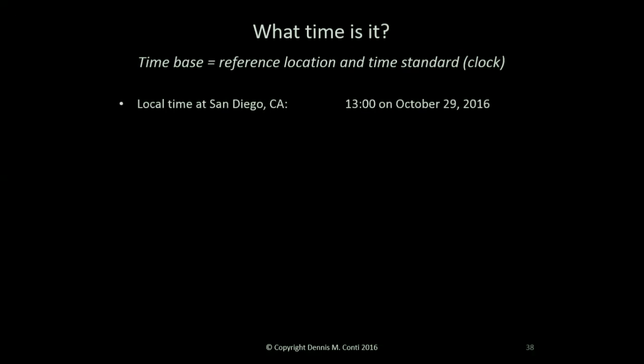So let's say that local time in San Diego on October 29th is currently 1300. The equivalent universal time in Greenwich, England, if at this time of the year we're 7 hours behind the Greenwich time, universal coordinated time, would be 2000 on October 29th.